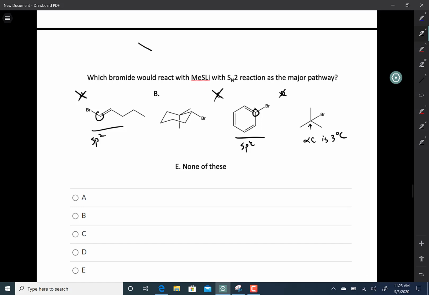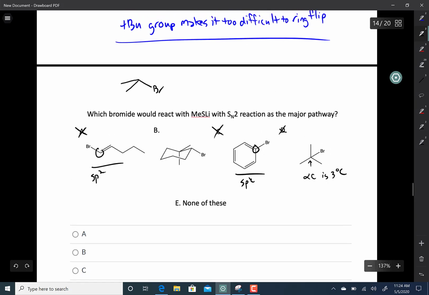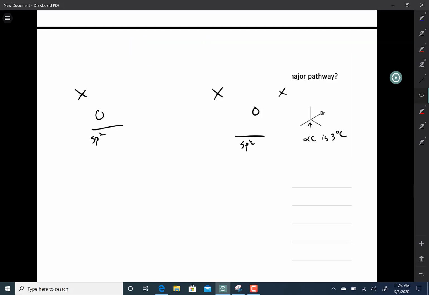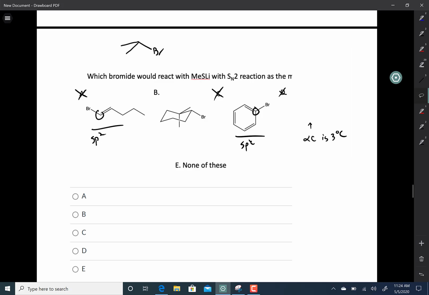Remember that when a beta carbon... hang on a second, let me erase that. No, I didn't want to erase that.